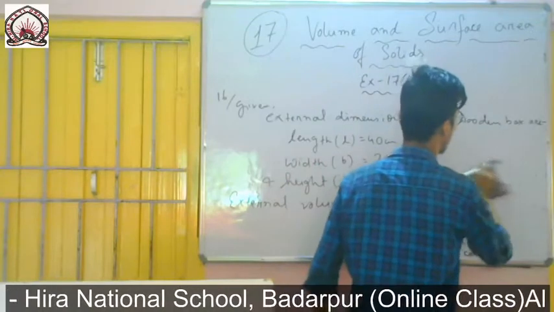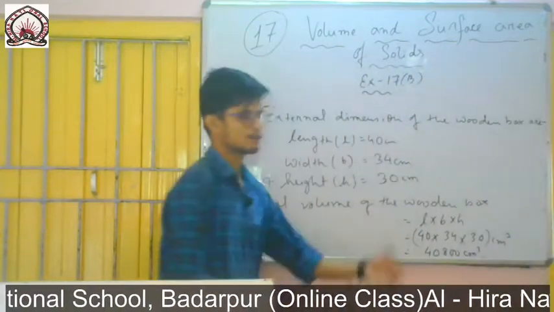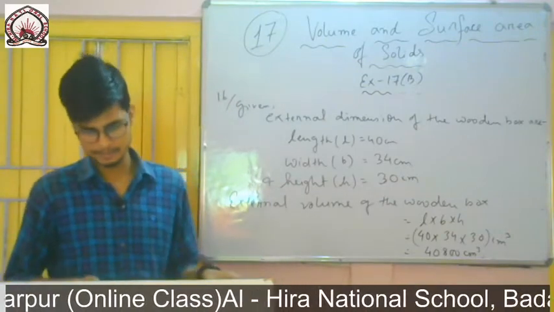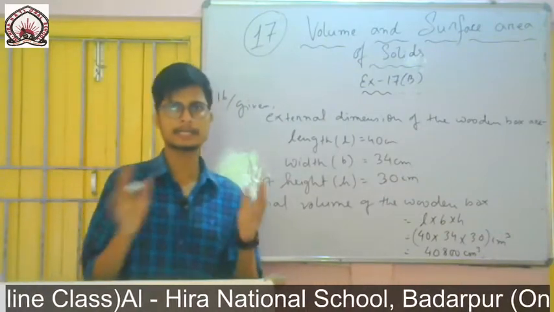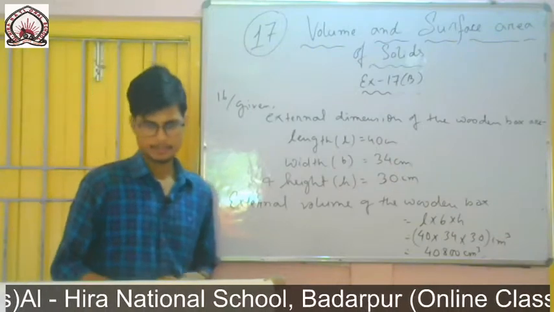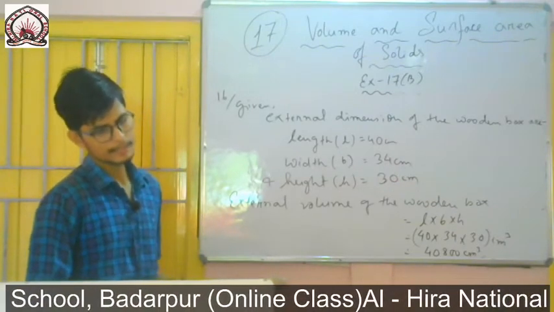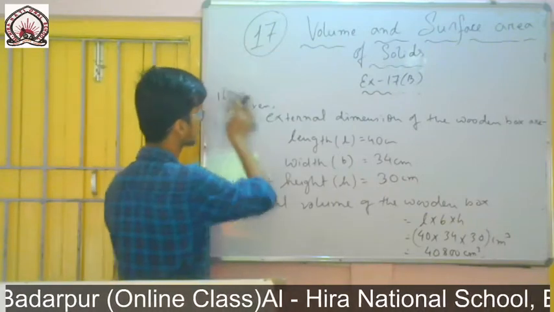So now we will find the internal volume. To find the internal volume, first of all we have to find all the internal sides, that means the internal dimension of the box. You see here it is written that the wood is 1 centimeter thick.